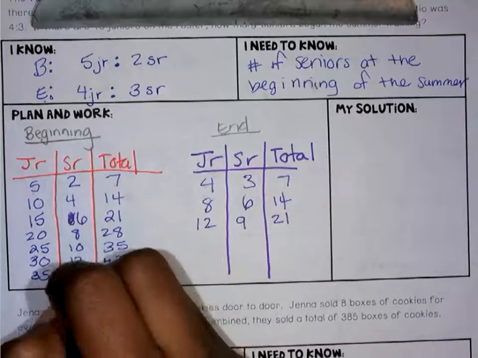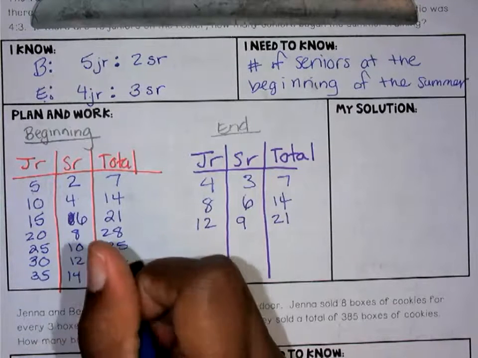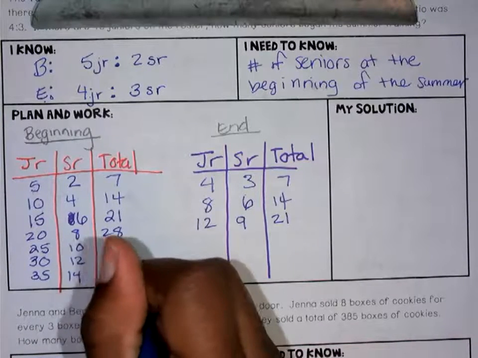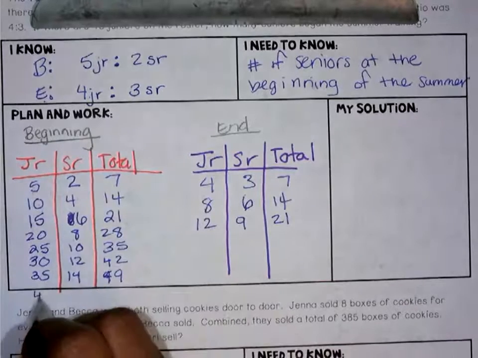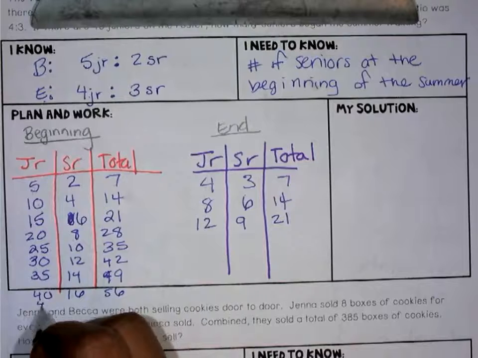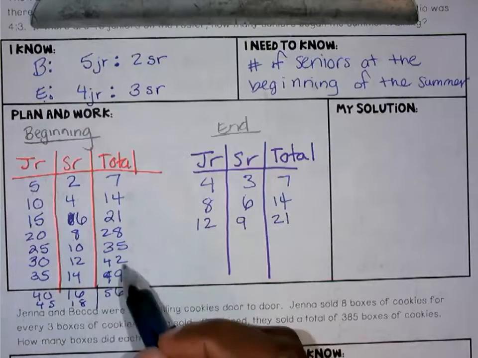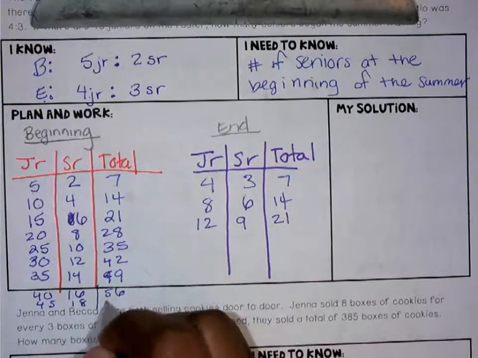Then 49, 40, and 16, you got 56, and 45, 18. That is 7 times 9, that's 63.